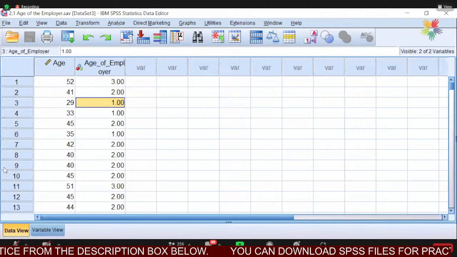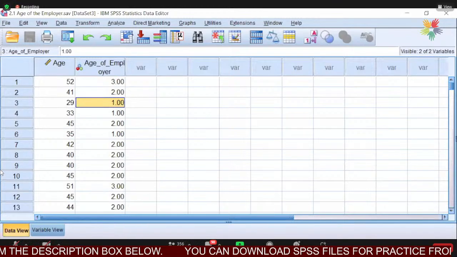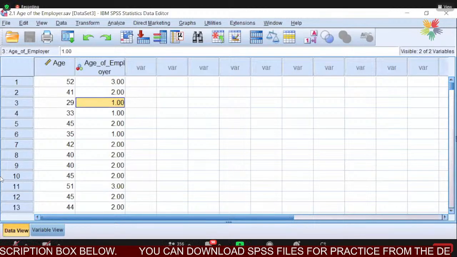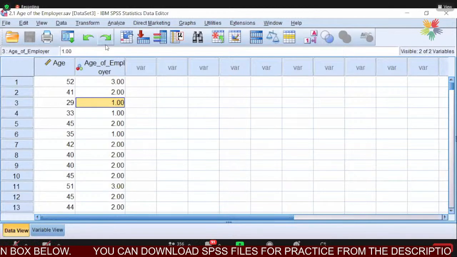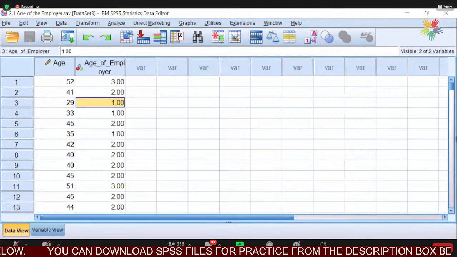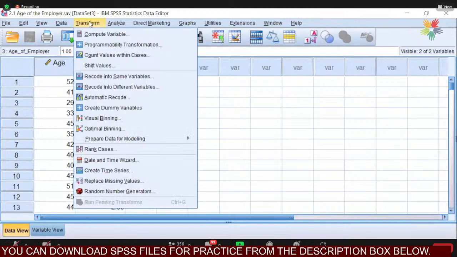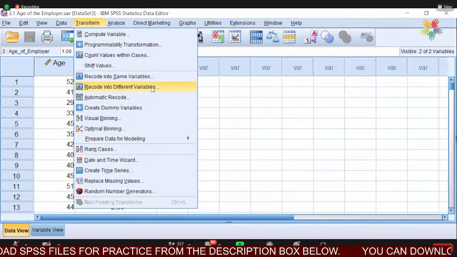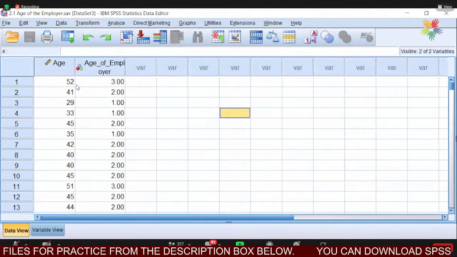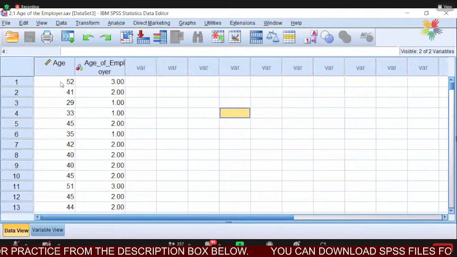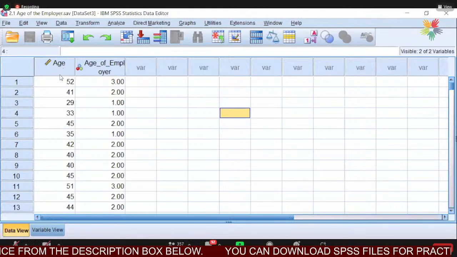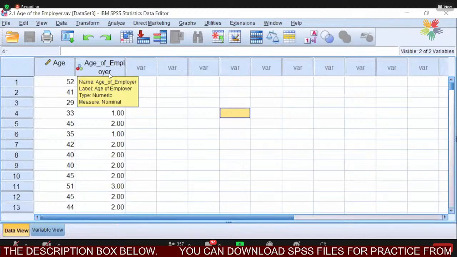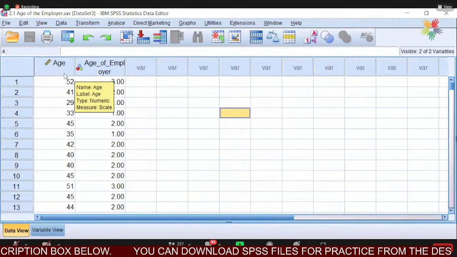Since you have asked about age, this is a metric variable. Now I want to convert it to a category. Transform, Recode into Different Variables. Why a different variable? Because sometimes I might need this original variable also, so if I want that, I can use it.